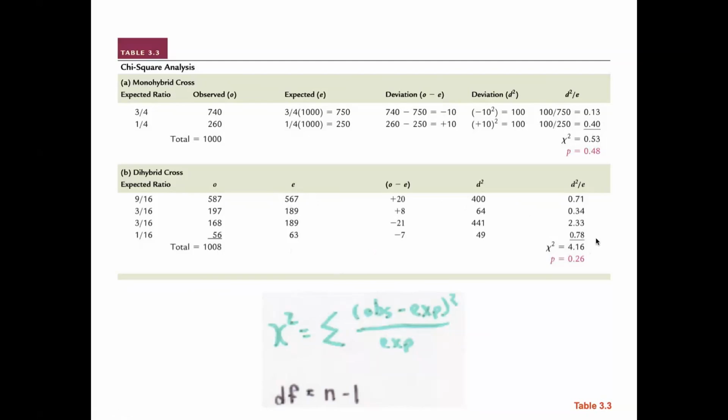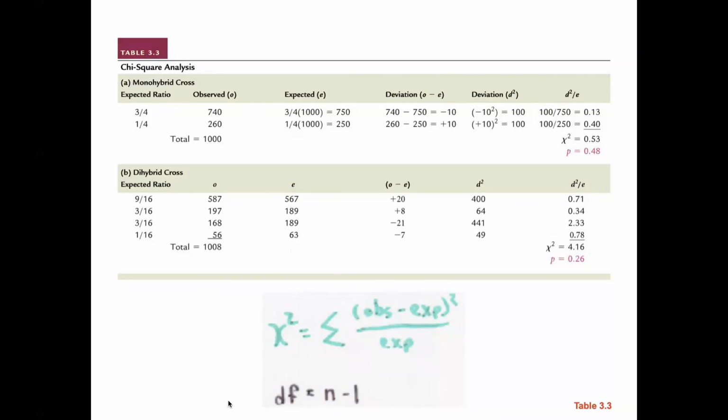Okay, you can't do much with those numbers. You have to do another simple calculation. You have to calculate something that's called the degrees of freedom. So degrees of freedom is shown down here. It's simply n minus 1, where n is equal to the number of phenotypic classes in your data set.